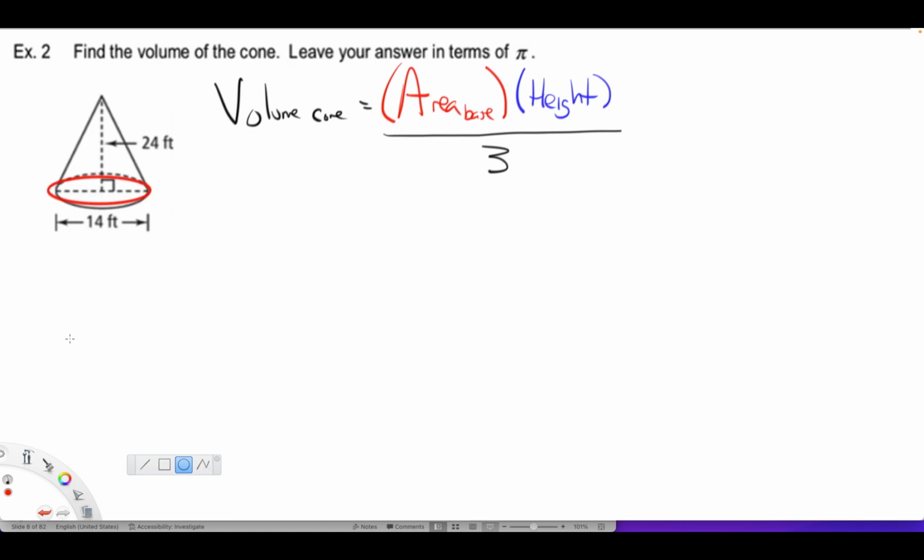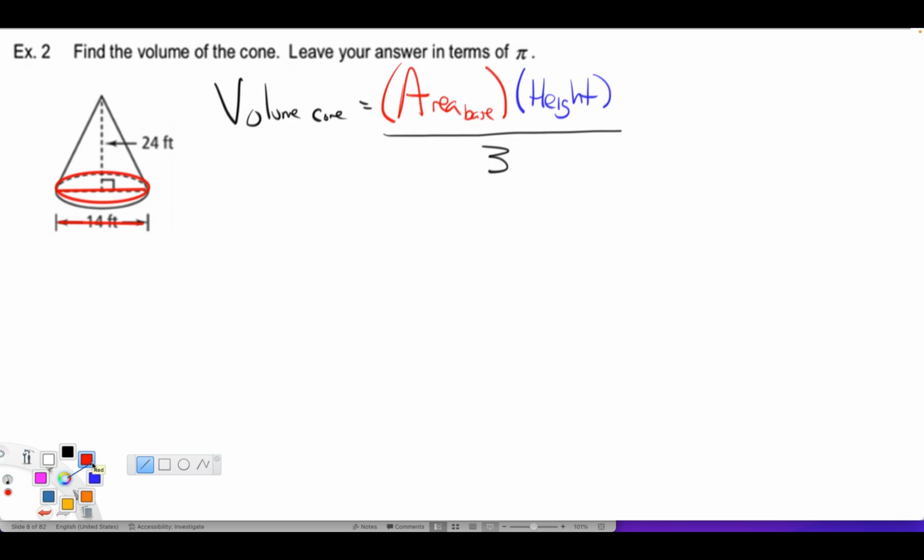The base, whoops, not quite, let's try one more time. There's the base like there. Okay, and it's got a diameter going across it right here, which is 14.